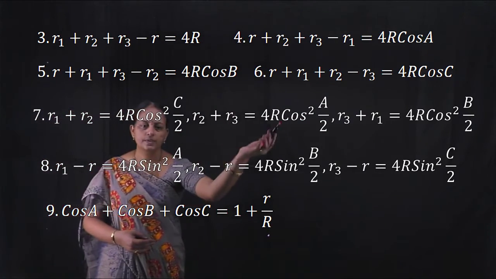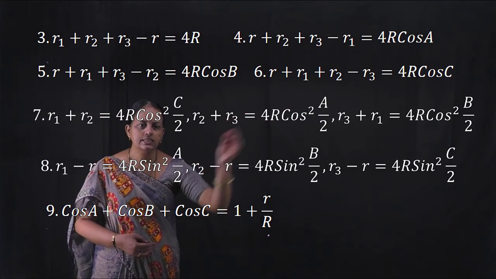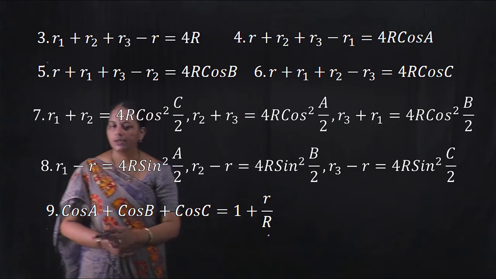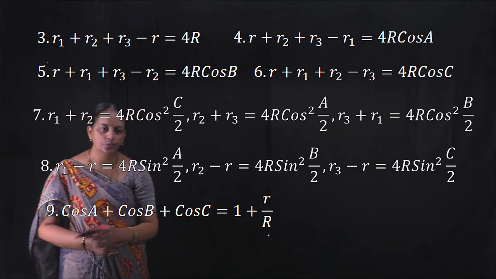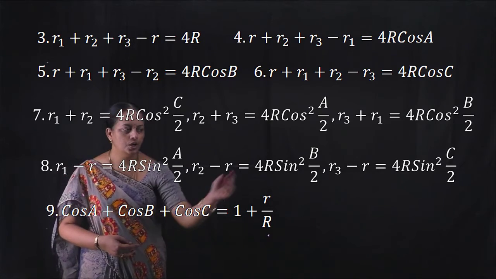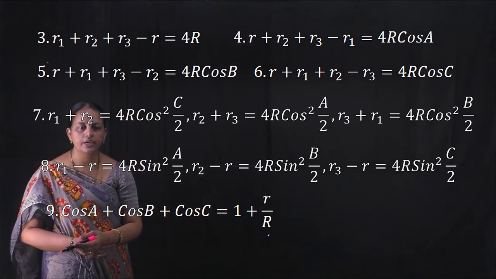Similarly, R2 plus R3 equal to 4R cos square A by 2, and R3 plus R1 is equal to 4R cos square B by 2, and R1 minus r is equal to 4R sin square A by 2. R2 minus r is equal to 4R sin square B by 2, and R3 minus r is equal to 4R sin square C by 2.